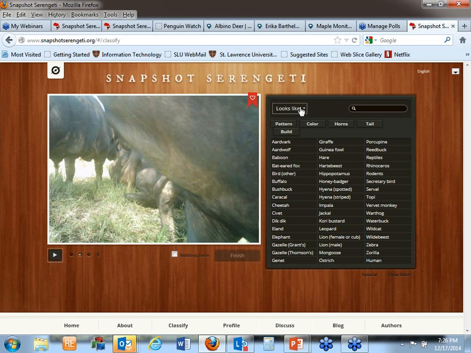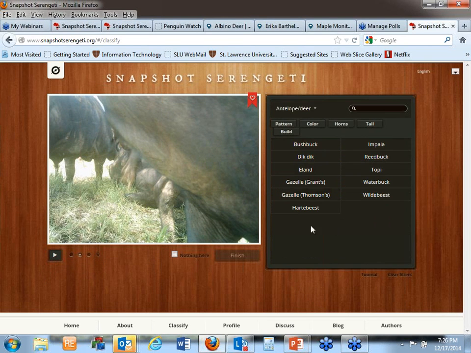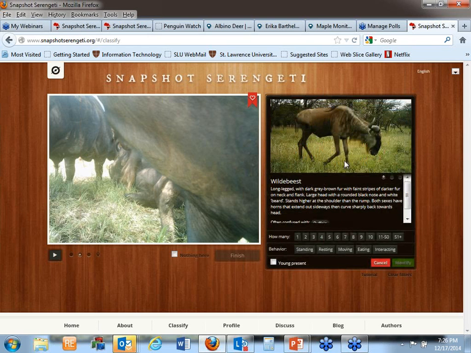There is a training module that you go through before you're trained how to do this, in case you're not familiar with these wildlife. It helps you identify, oh, I think it kind of looks like an antelope. And in this case, I think they look like wildebeest. Then it shows you a picture to confirm, although it's a little hard in comparison to our picture.